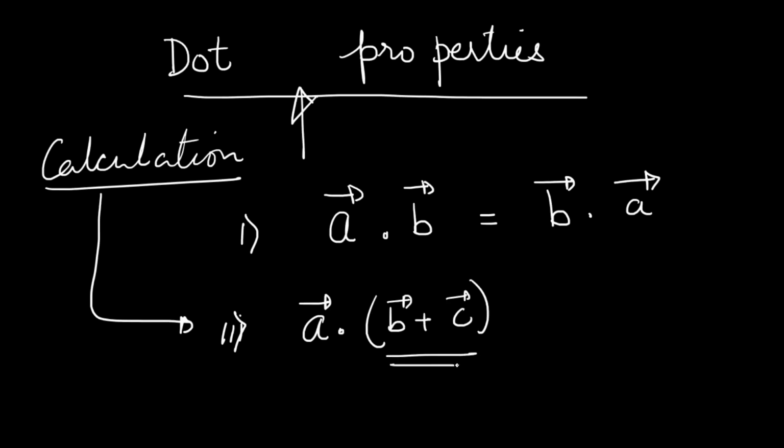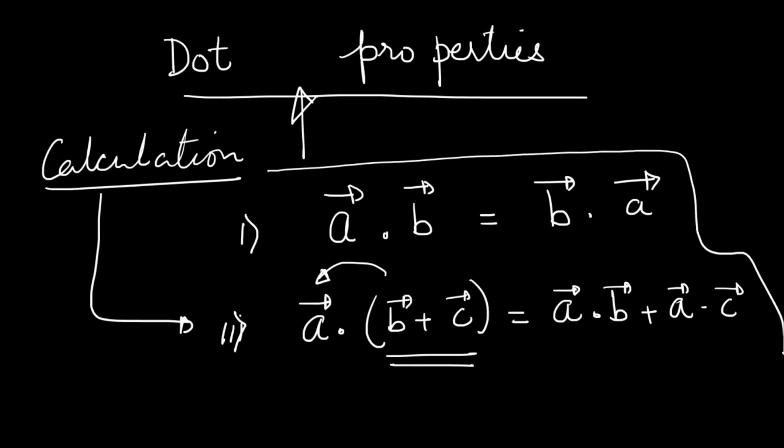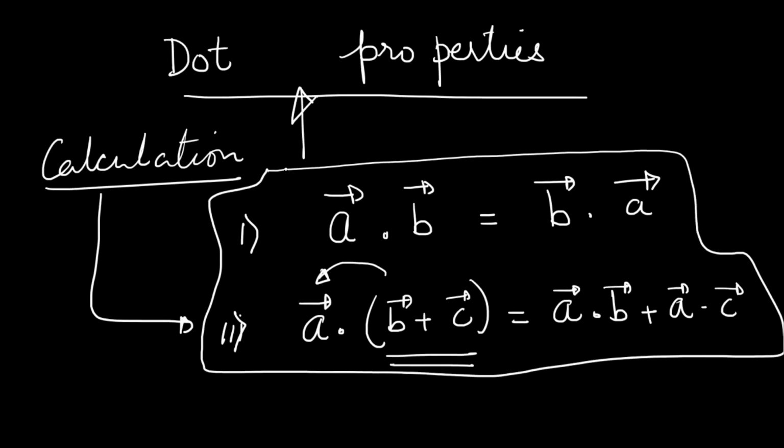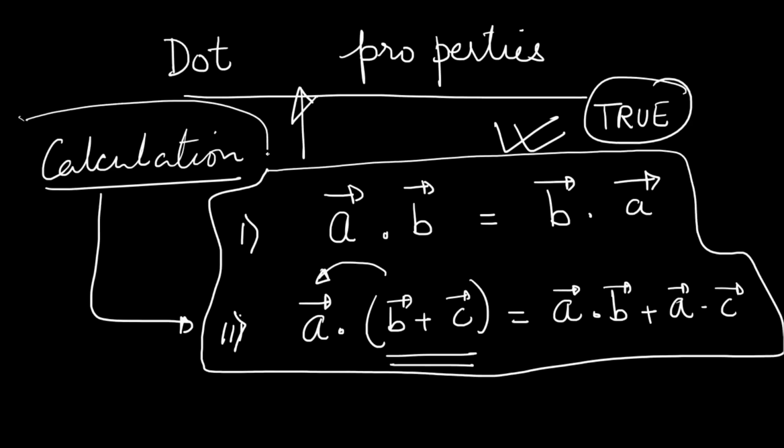So for example, we know that B plus C gives another vector, and obviously another vector can be dotted with another vector, but this happens to be equal to A dot B plus A dot C. I just want to quickly tell you that a good question to ask is, can we convince ourselves that this is true? And once we are convinced that this is true, how does it help in the calculation? So these are the two aspects I'll touch upon in the next video.